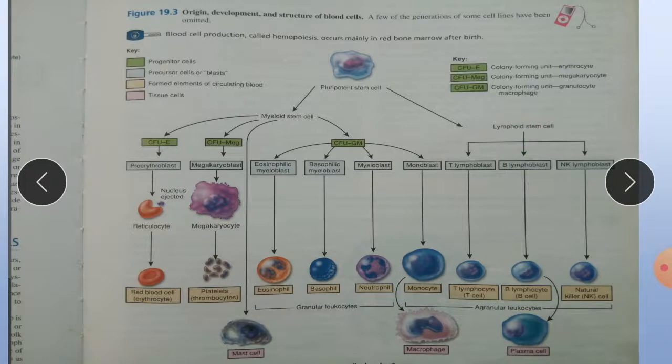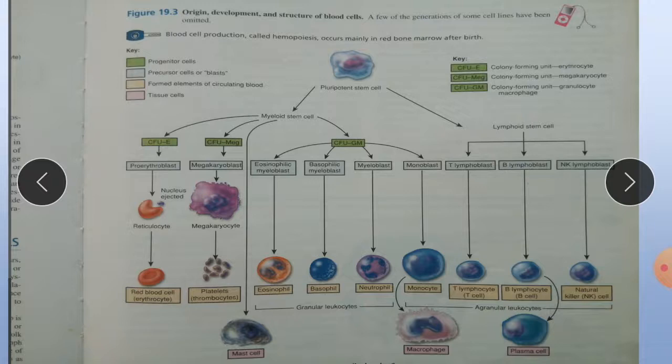Myeloid stem cells begin their development in red bone marrow and give rise to red blood cells, platelets, monocytes, neutrophils, eosinophils and basophils. So these are the various types of blood cells. Lymphoid stem cells begin their development in red bone marrow but complete it in the lymphatic tissues. They give rise to lymphocytes.